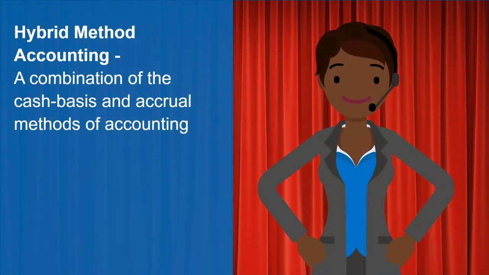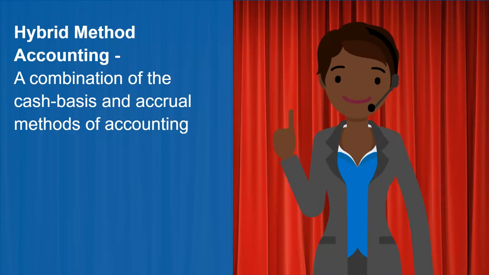You might be saying to yourself, Bianca, what if I want a little cash basis in my accrual? Lucky for you, there is a third accounting method called the hybrid method. Using this, you can use cash basis accounting to track things like revenue and expenses, but use the accrual method to track inventory.